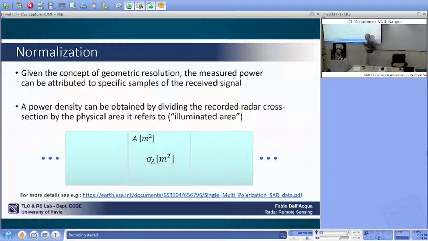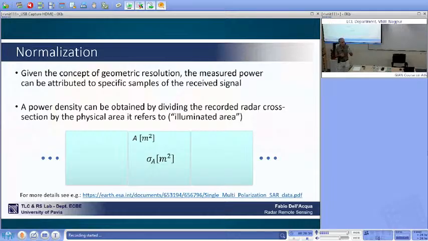But since the radar technology and the science about radar was born in the surveillance domain, the idea of a radar cross-section was developed for an individual object observed in space, not for observing a surface, which is a need that came in later.